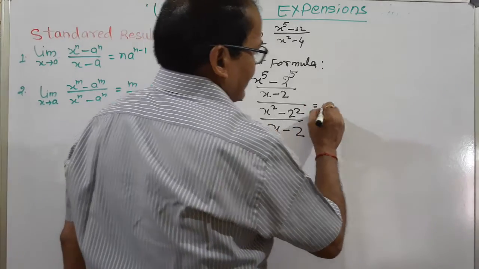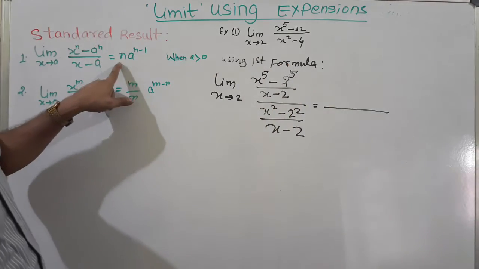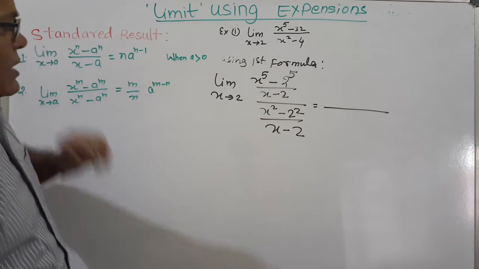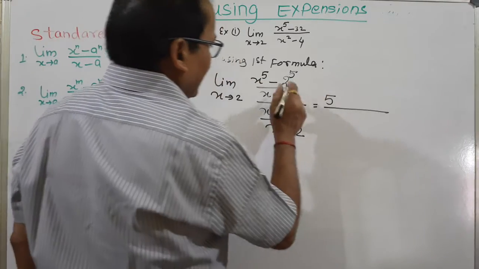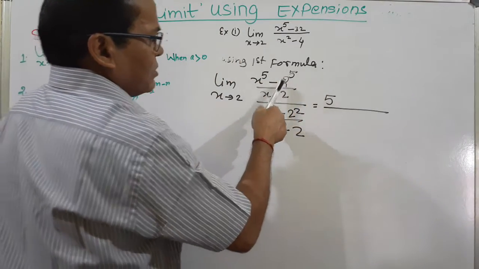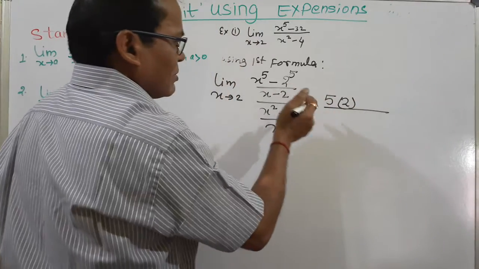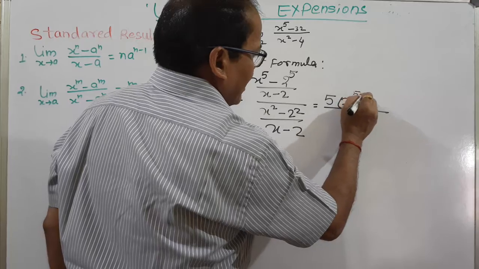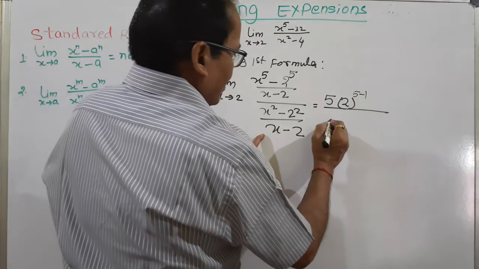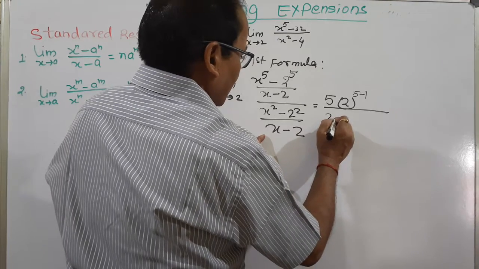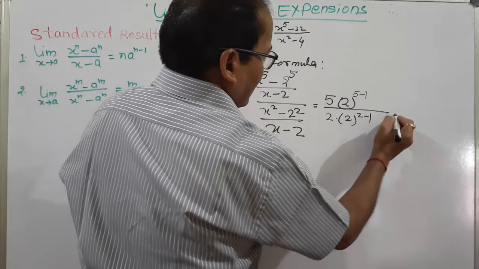What will you get? In the upper part, use this formula, n a to the power n minus 1. Here n is 5, and in place of a is 2, so 5 into 2 to the power 5 minus 1, divided by, again in the denominator, 2 into 2 to the power 2 minus 1.